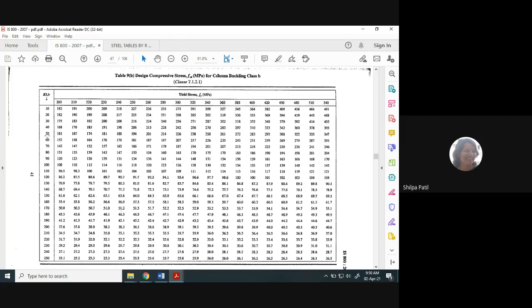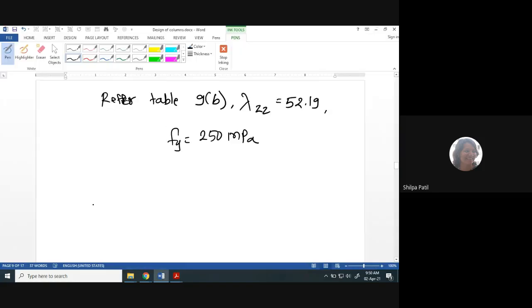So it will lie between 50 and 60, and corresponding to that, in the 250 value, fy value column, find out these values. So FCD value is in between 194 and 181. Okay. So for 50 and 60, interpolate the value.